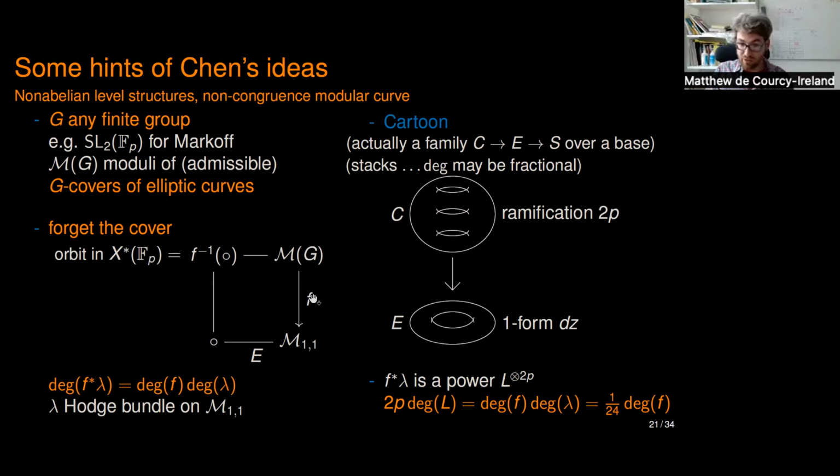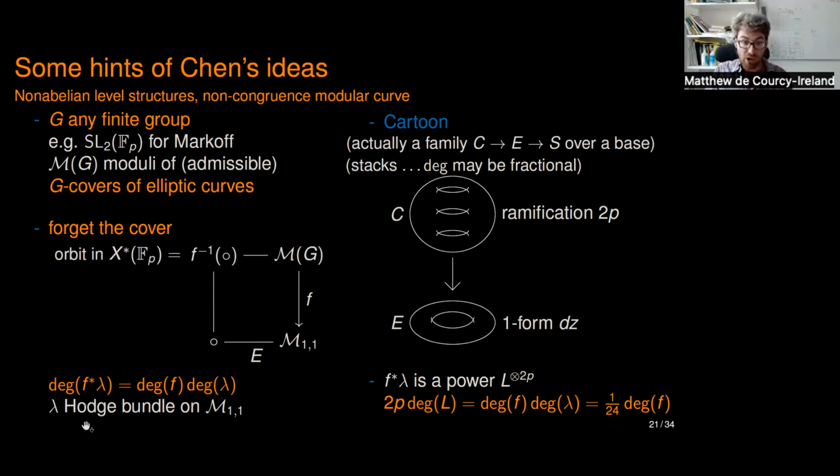So I call F this forgetful map. And ultimately, from Fricke's identity, any orbit you start from in the Markov surface is going to be some kind of fiber over a given elliptic curve on all the possible G covers over that elliptic curve.